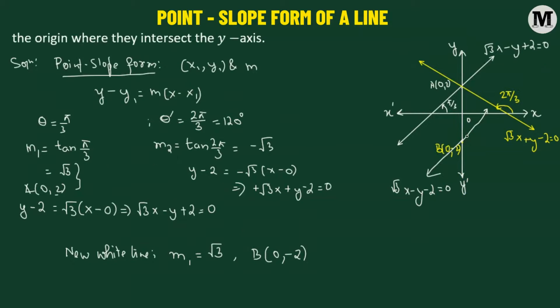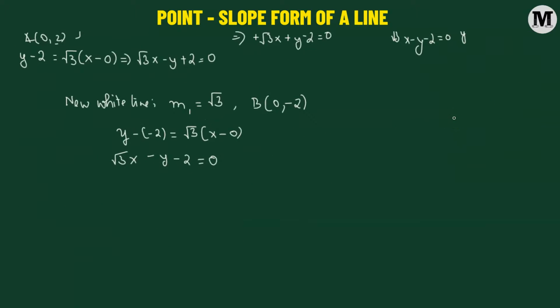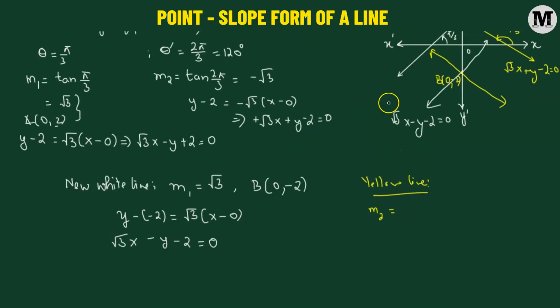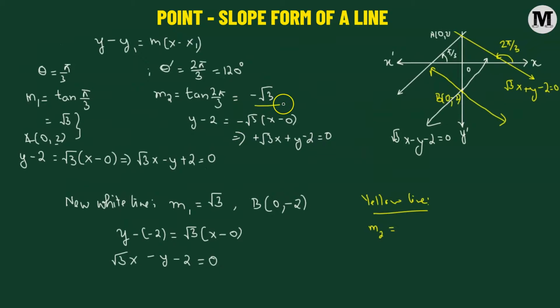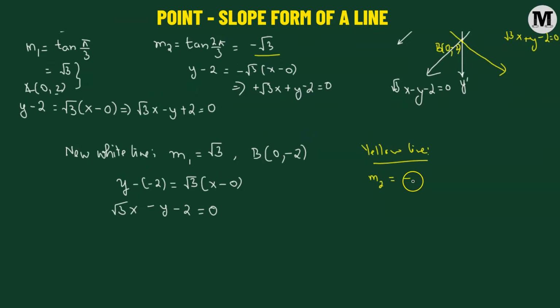We will also have another line which is parallel to the yellow line, but this time it is going to pass through the point B. So this is going to be the other line. This line is going to have a slope equal to that of the line which makes an angle 2 pi over 3 with the x-axis. So let's consider the yellow line, which has the slope m2, equal to negative square root of 3. It has the slope negative square root of 3 with the point B through which it passes, (0, negative 2).